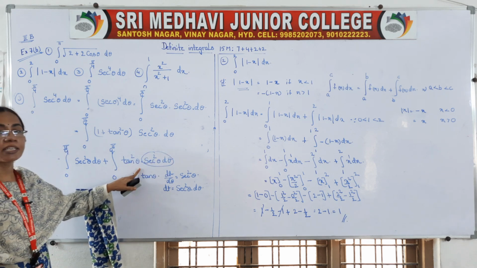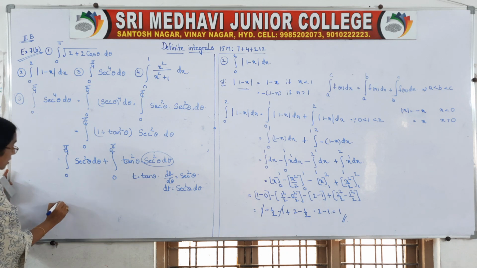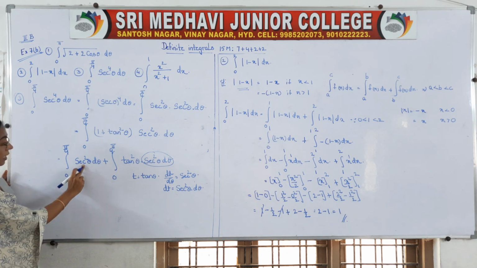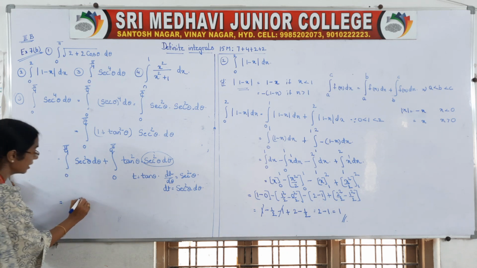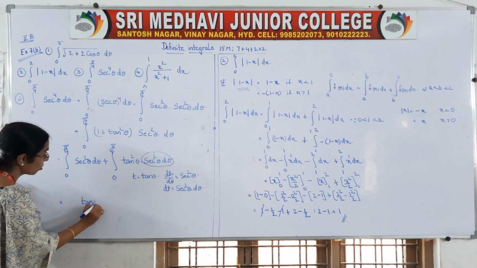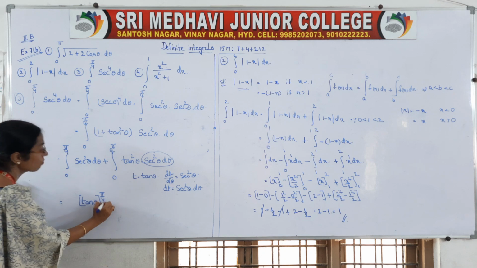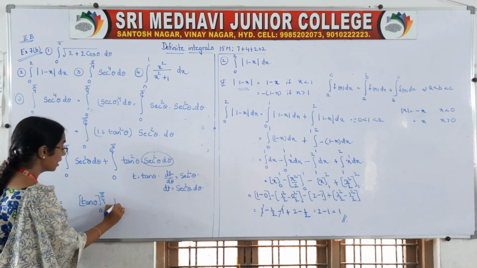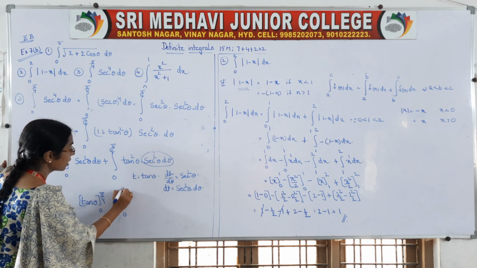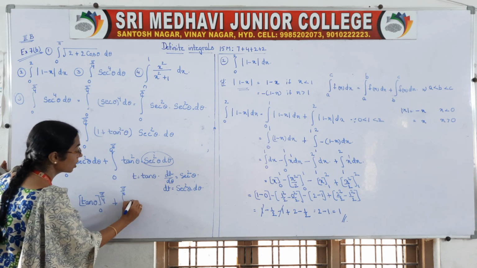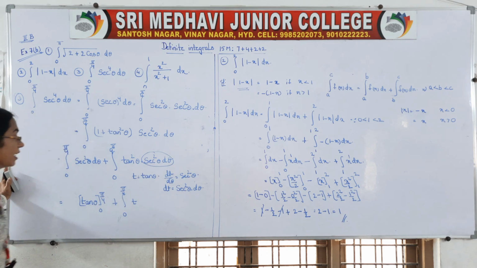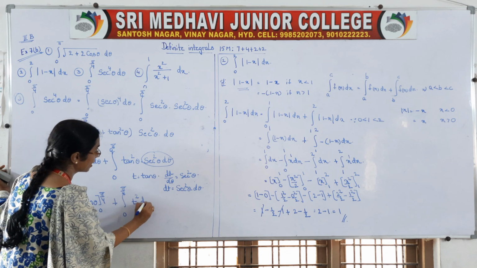And this is t square form. So this one is direct: integral of secant square t is tan t, so it is equal to tan t from 0 to pi by 4, plus integral from 0 to pi by 4 of t square dt.